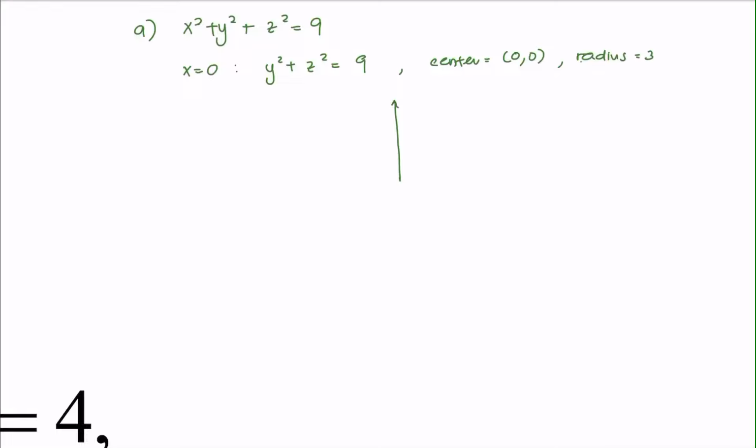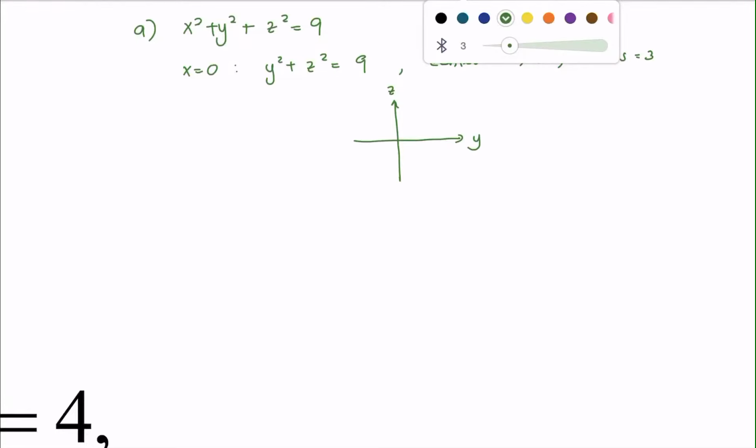So let's say we have this y and z. We can sketch it at the center 0, 0, and its radius is 3. So radius 3 means 1, 2, 3, in each direction. So the circle will be like this.